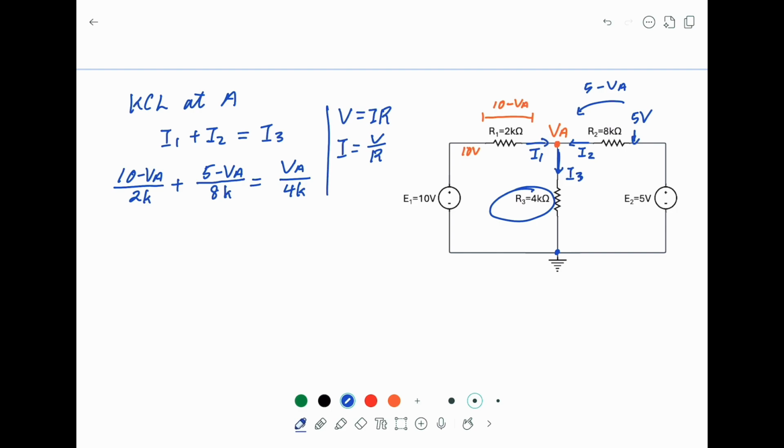The next part is to find the common denominator, solve the equation and find VA. We can multiply both sides by 8K.